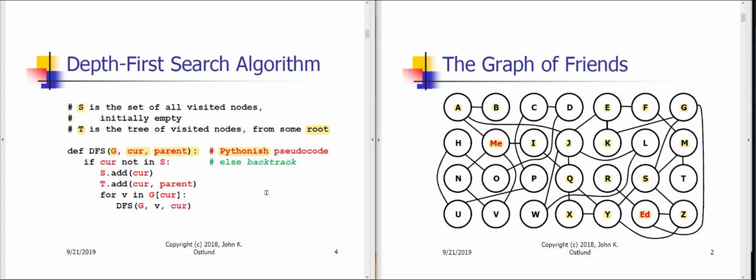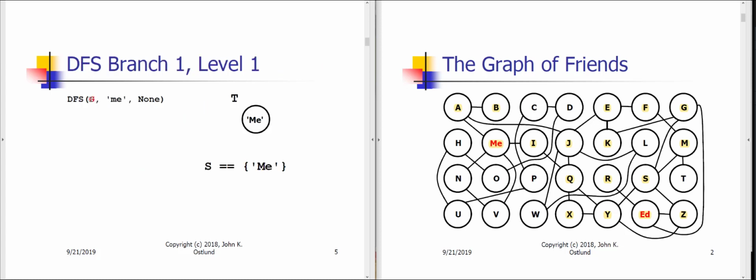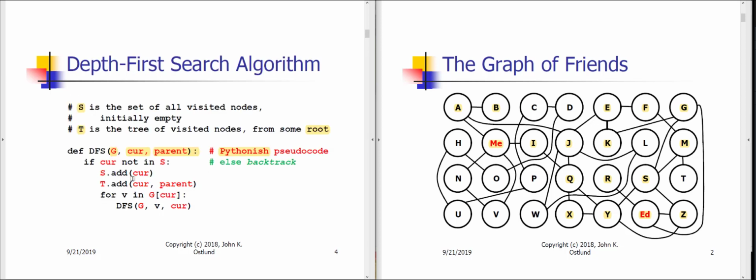Now, let me skip ahead a slide, and we'll see that to kick this off, we specify our dictionary. We specify me as the current node, and me has no parent, so None is going to be the value of our parent when we're constructing this depth-first search tree starting from me.